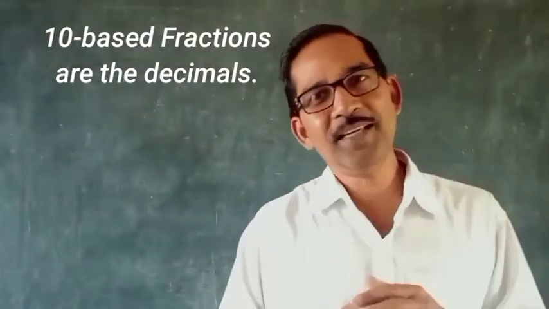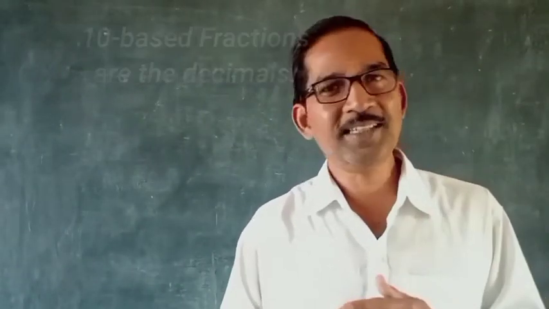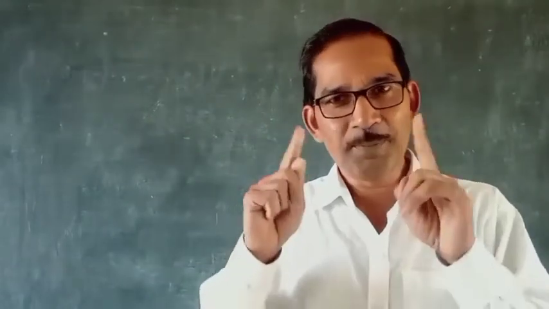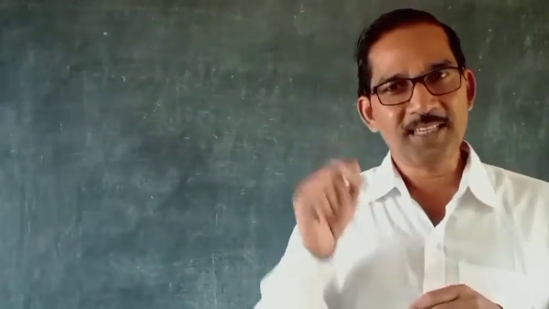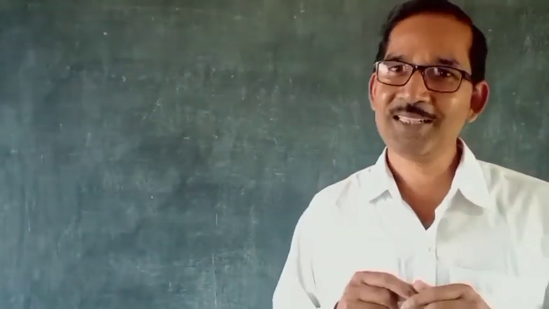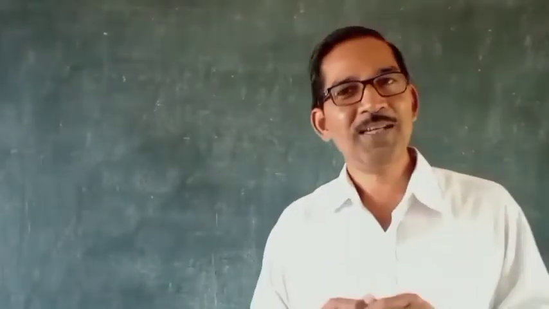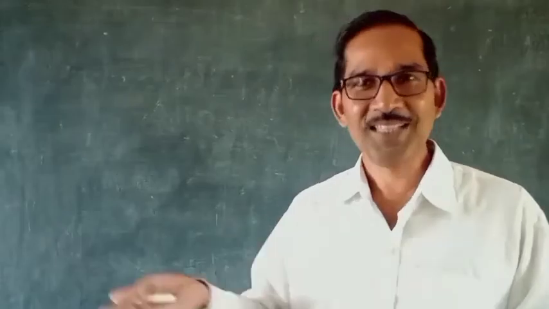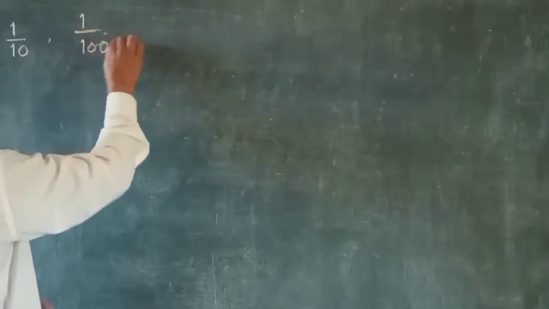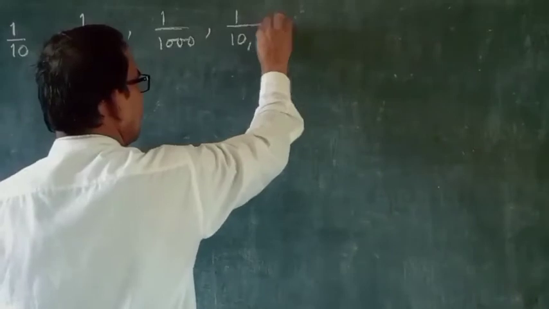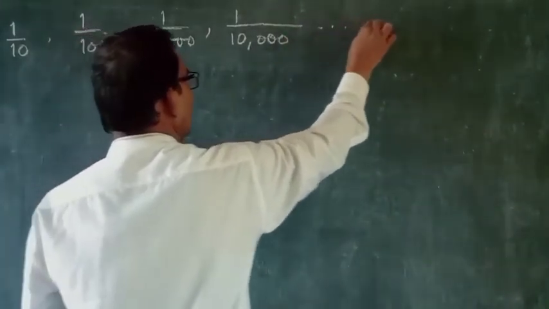And if we want to write a decimal, it will be symbolic. The representation of a decimal fraction is a symbolic representation, right? Here you see 1 by 10, 1 by 100, 1 by 1000, 1 by 10,000 and so on.